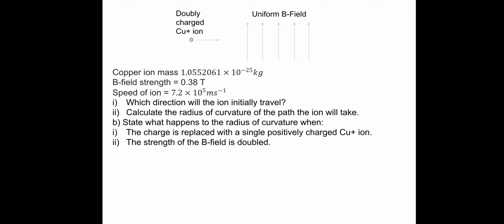But the first question says, which direction will the ion initially travel? So you can use the left-hand rule. If you point your middle finger, which is the current and the direction that the ion is traveling, because current is positive to negative, and then the uniform B field is moving up, so your first finger will point up. Your thumb will point out of the page, or out of the plane of the diagram, or out of your phone or your screen. So which direction will the ion initially travel?